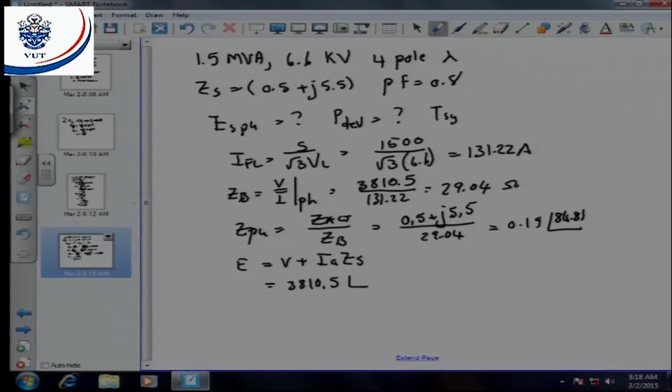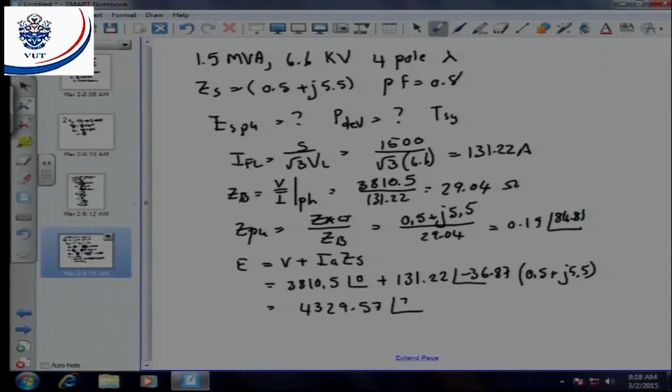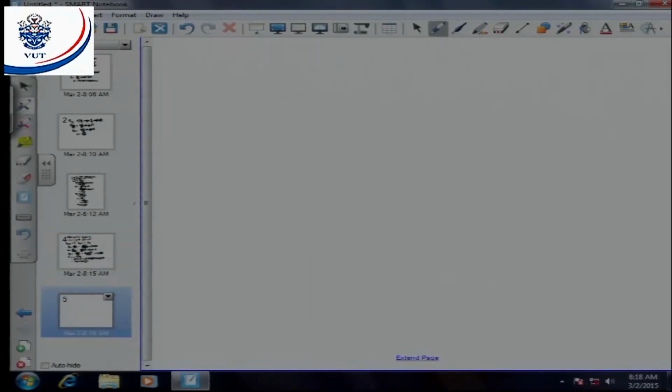Always work per phase whenever we work with three-phase work, and therefore the current is 131.22 at an angle of minus 36.87 times 0.5 plus j5.5, which gives us a value of 4,329.57 at an angle of 7.14 degrees.